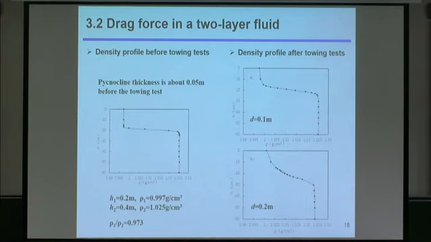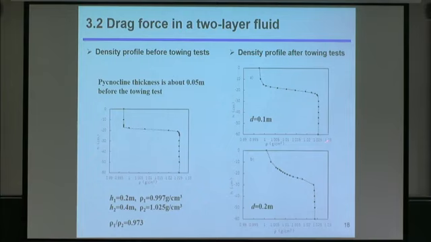But if the structure is moving on the free surface, there is turbulence, so the density profile will be changed. In the numerical method we can keep these situations constant, but in the experiment we couldn't. It almost will be changed.